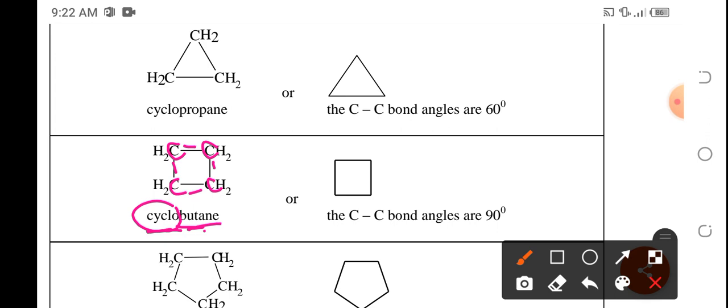So they have cyclo. This could be rewritten as a square, in which each intersection of the square represents a carbon atom in a single bond. Okay, so the molecular formula of cyclobutane is C4H8.